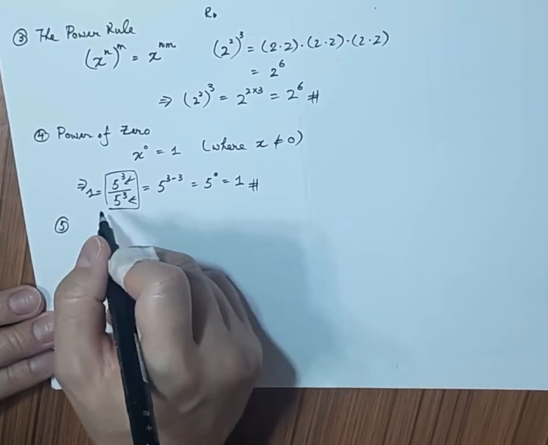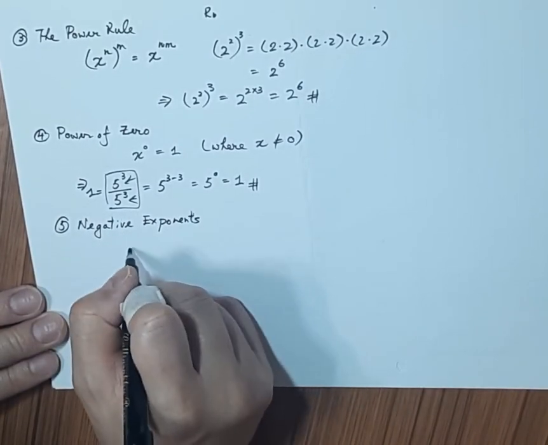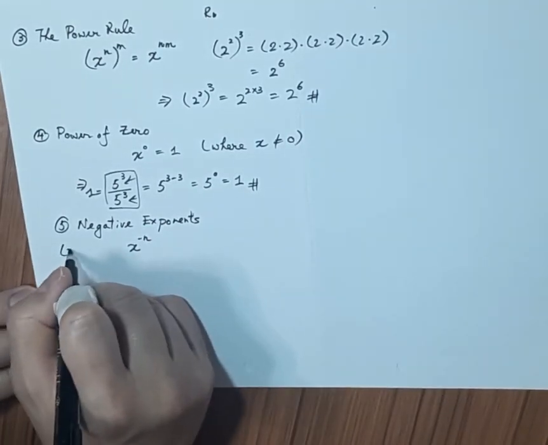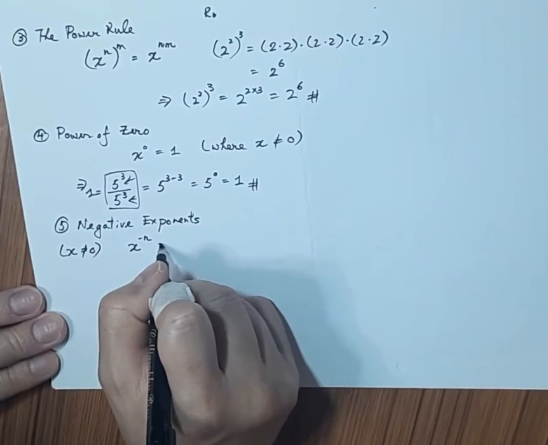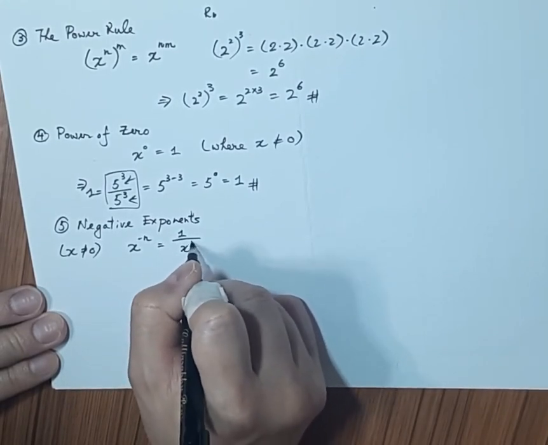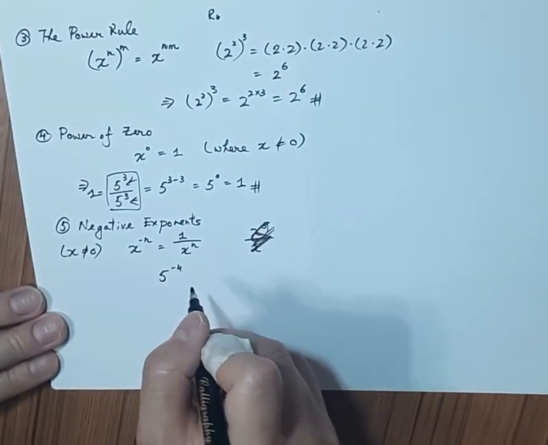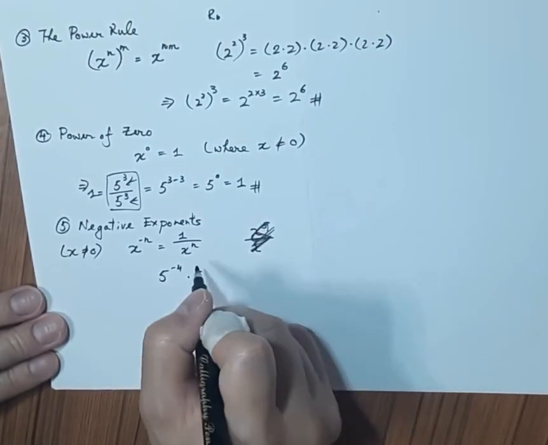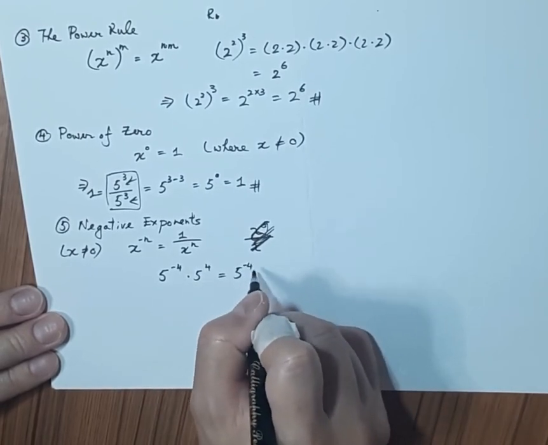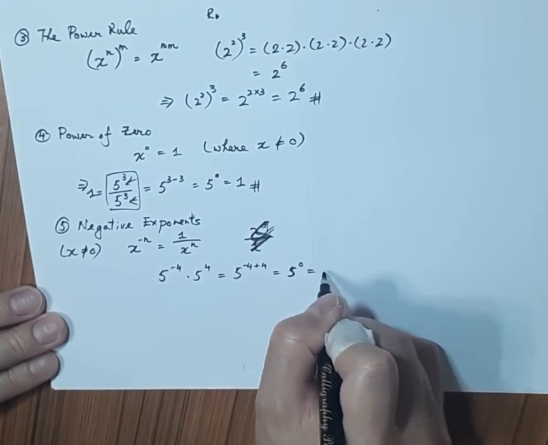The fifth rule is the negative exponent rule. If we have x to the power of minus n, of course x is not equal to 0, it is equal to 1 over x to the power of n. Let's see an example to prove it. If we have 5 to the power of minus 4 multiplied by 5 to the power of 4, we have 5 to the power of minus 4 plus 4, which is equal to 5 to the power of 0, equal to 1.